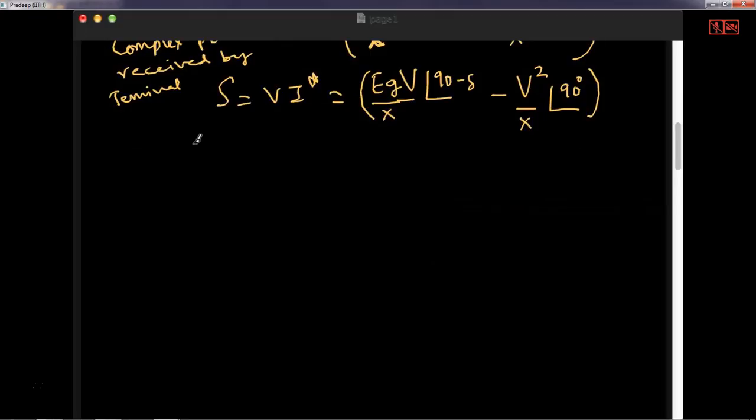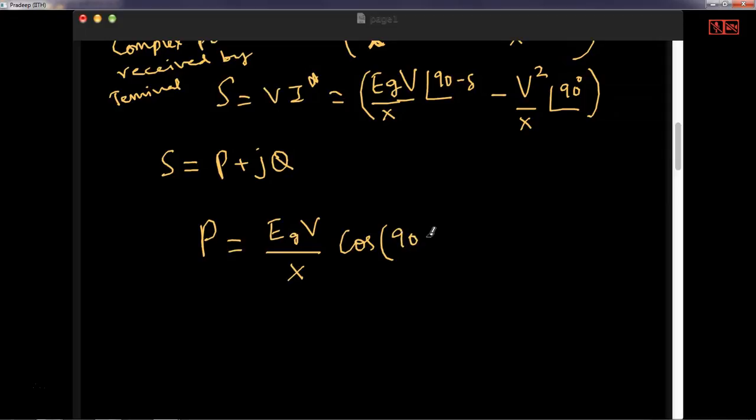Now, complex power is nothing but P plus jQ. Right now I am not interested in Q, I am interested only in the P part of it. So the P part is nothing but the cos of the angle. Active power P is nothing but Eg into V by X, and then here I take the cos component, cos of 90 minus delta.